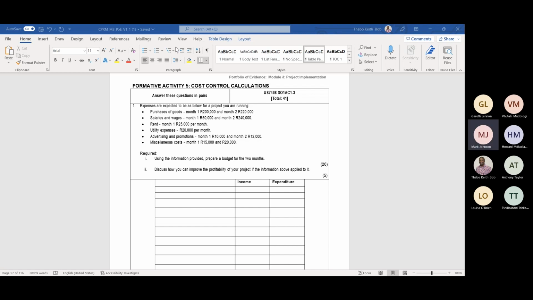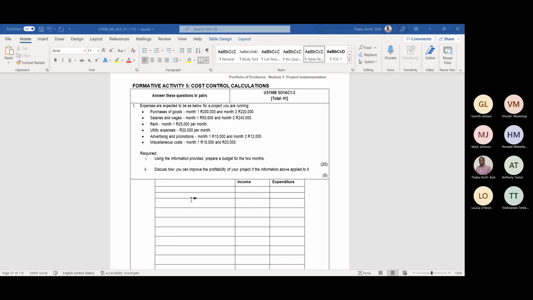I would think we must be running at a loss, which means we must be running over budget, and we have to then see what you do if you streamline and bring everything back online. I don't know. That's just what I'm looking at. Why would they ask us this question? How do you improve profitability?